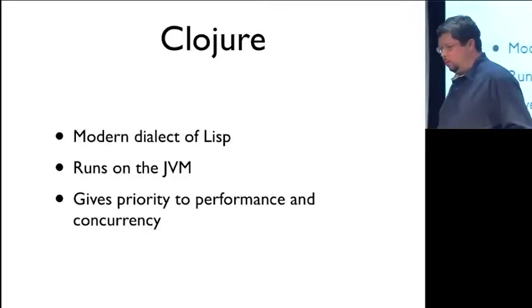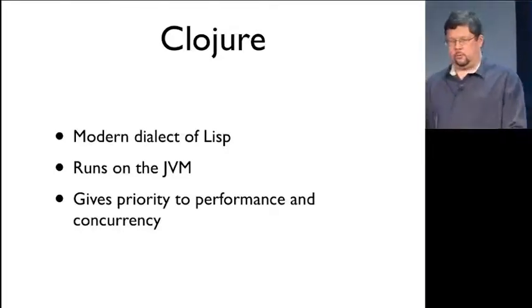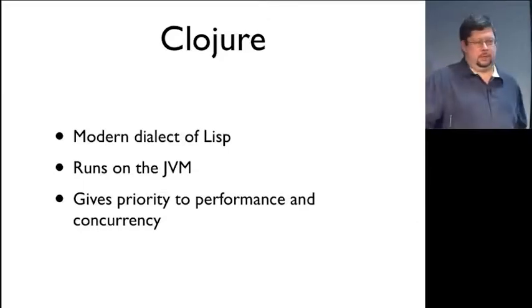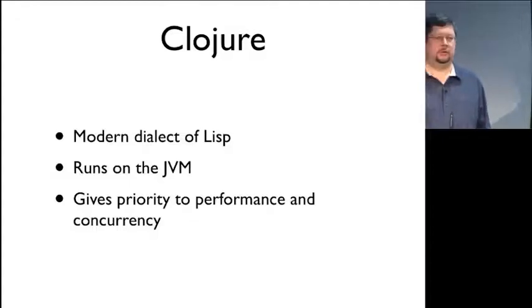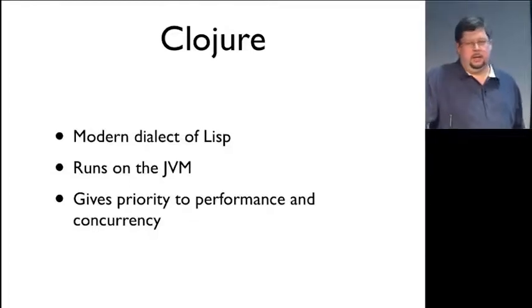Clojure's design priorities are performance and scalable concurrency. Clojure incorporates a lot of interesting ideas from academia that, prior to Rich Hickey implementing them in Clojure, hadn't seen a lot of mainstream exposure at all, in order to achieve really good performance on the JVM in spite of being a somewhat different language from what the JVM was designed for.